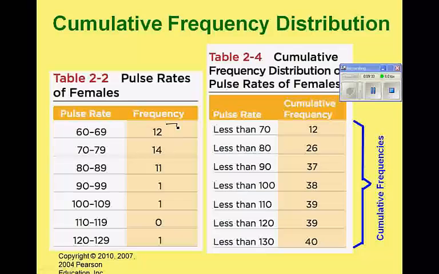In other words, all those that are contained in the first 2 classes, and if you add, that's why you get 26. Less than 90, we add the first 3 classes. 26 plus 11 is 37. And so these are going to be called cumulative frequencies. And I want to point out there is a type of graph called an ogive that your book discusses later in the section on other types of graphs, where the ogive is basically a graphic representation of a cumulative frequency distribution, and so you may see that in the book as well.